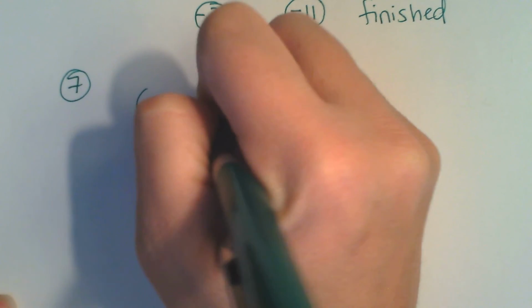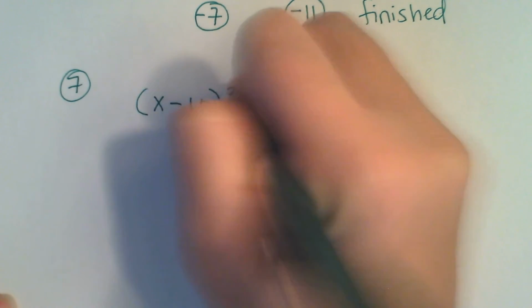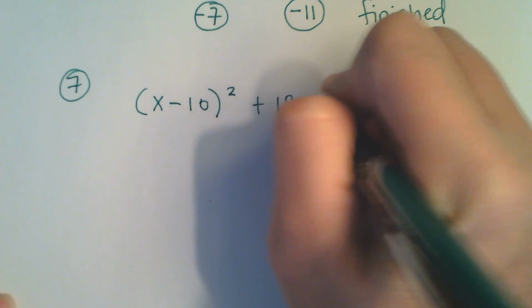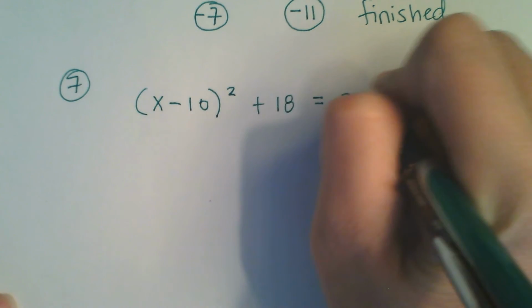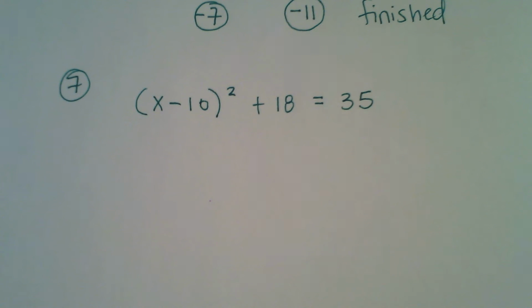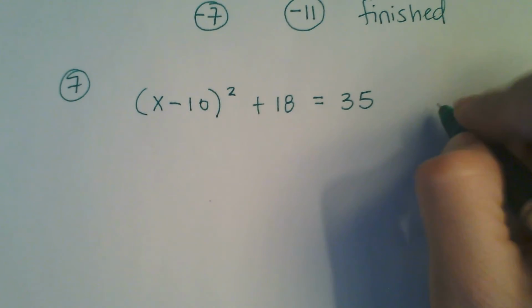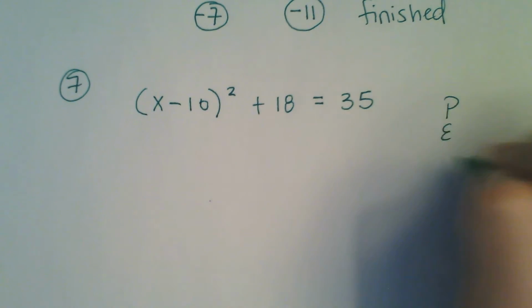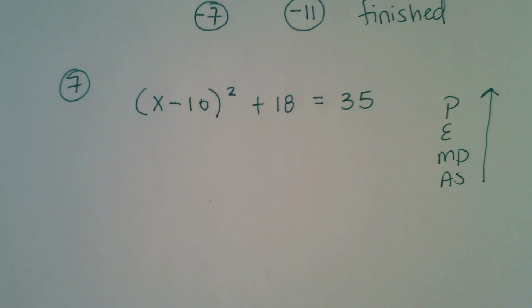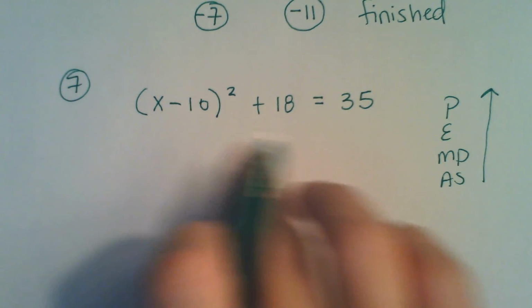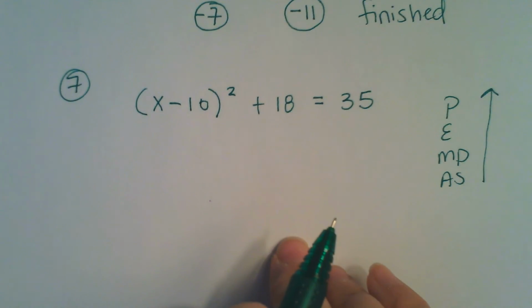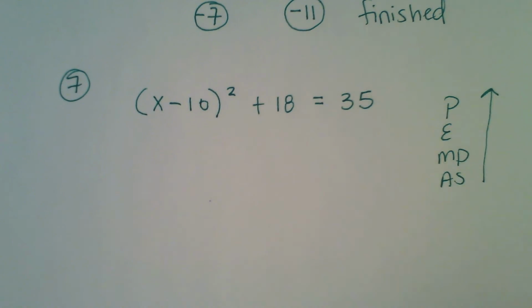(X minus 10) squared plus 18 equals 35. So we're trying to get everything away from X as much as we can by using PEMDAS backwards.